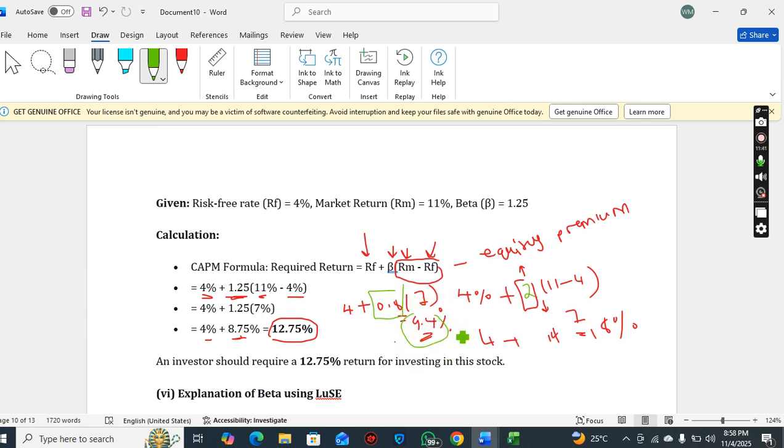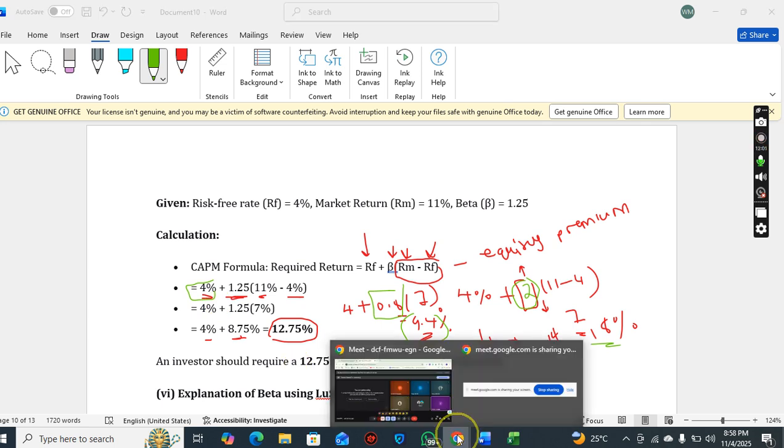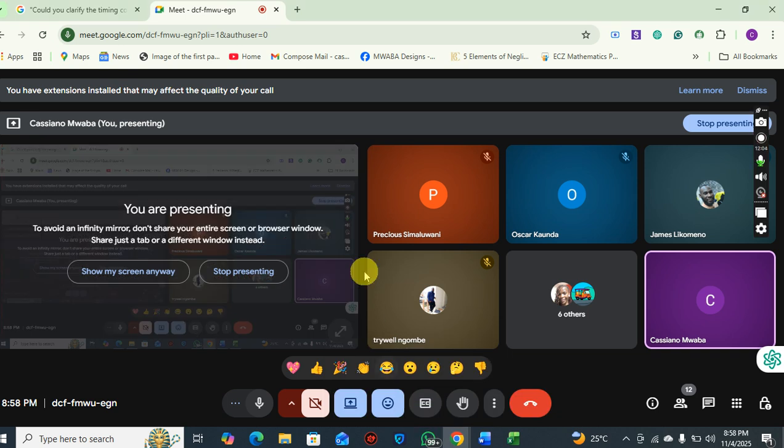Okay. If you incur more risk, let's say you increase the beta to 2, the return increases. If you incur zero risk, like a government security, here you put 0, it means you just get this 4%. Okay, so that's how you deal with the capital asset pricing model.